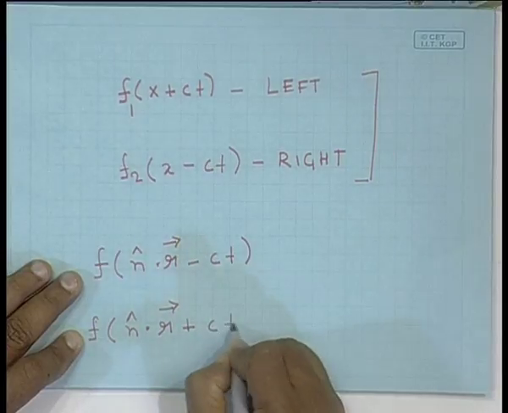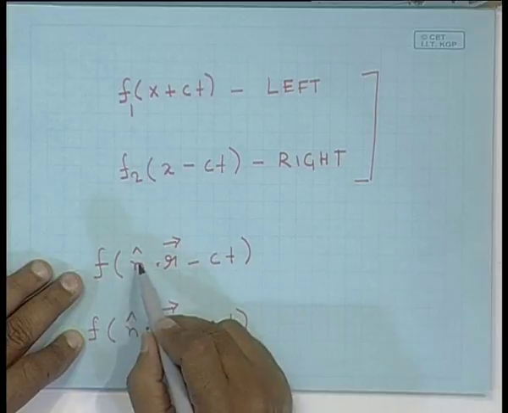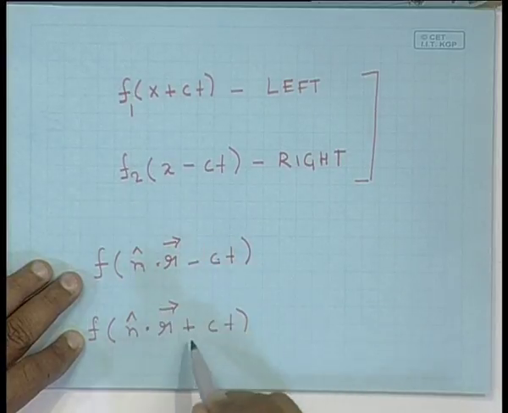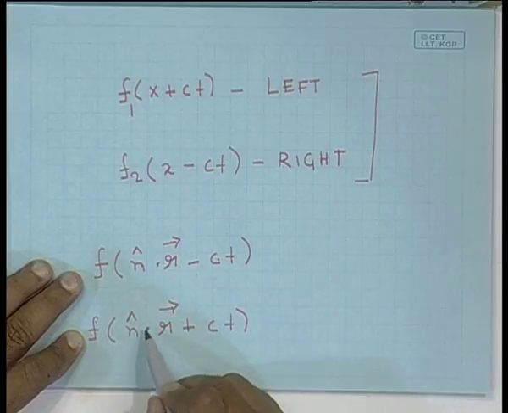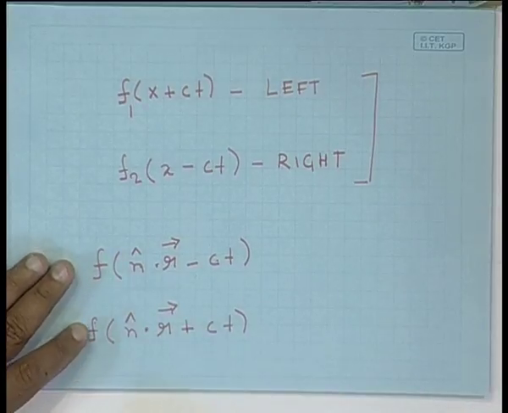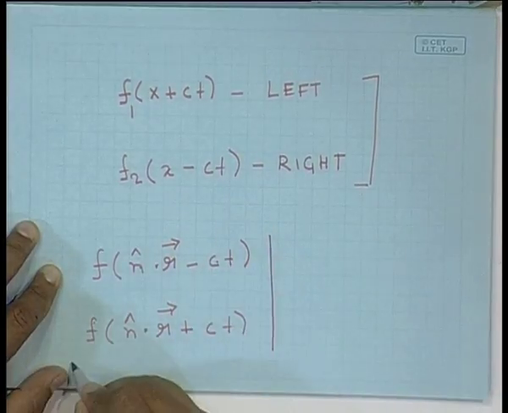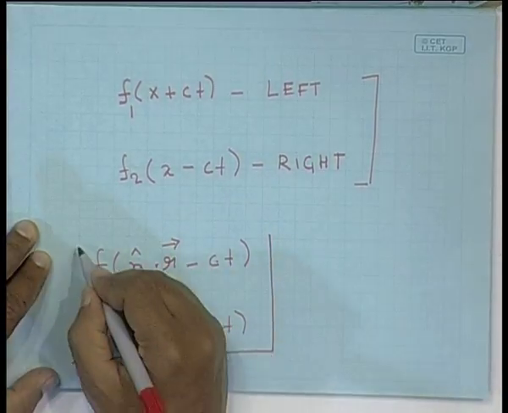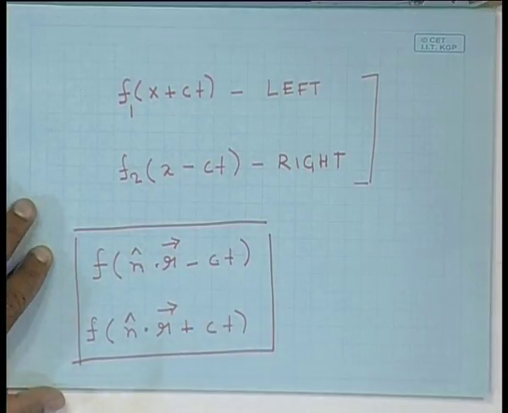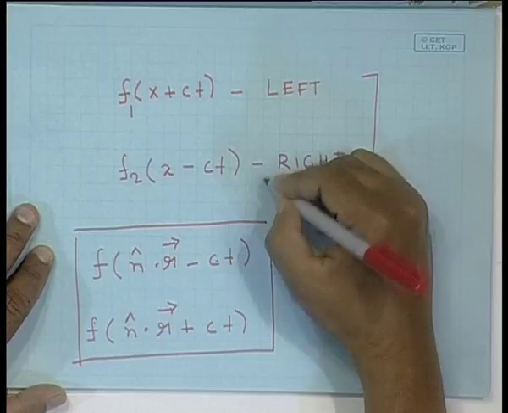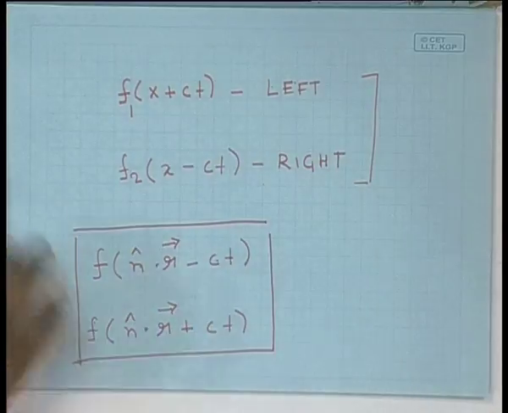As time increases, this wave goes forward along this direction, and this represents a wave which goes along the minus n direction as time increases. So, this is how you would represent a plane wave in any arbitrary direction. Here n is the direction of the plane wave, which in the earlier case is along the x axis, so n would be just the unit vector along the x axis.